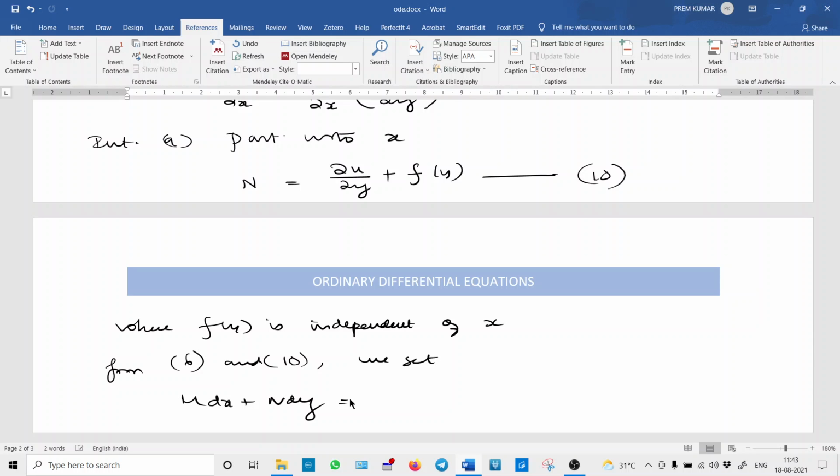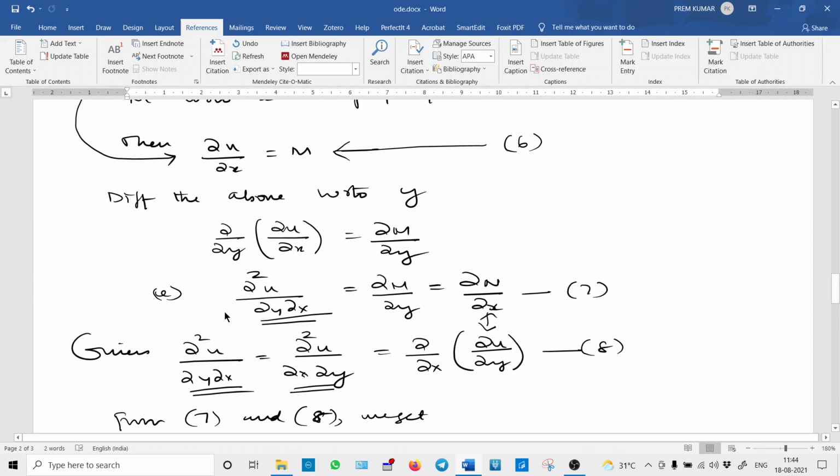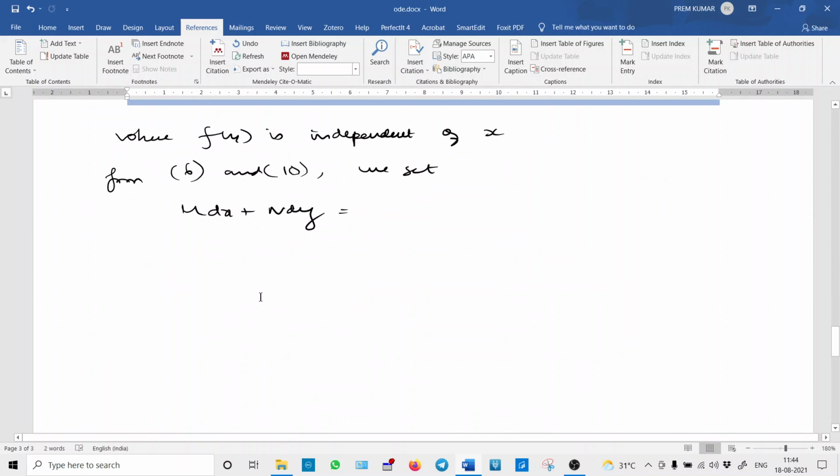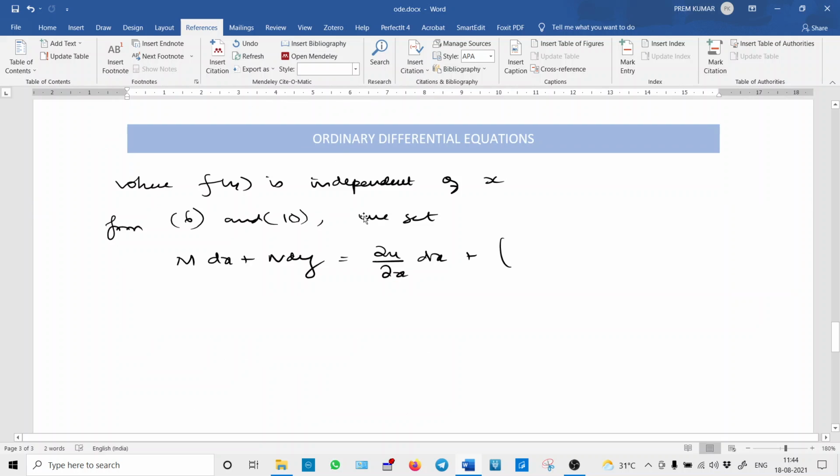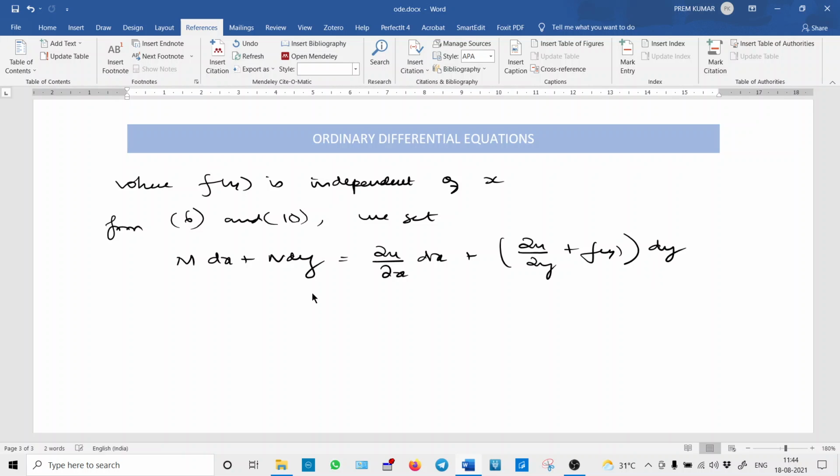What is M? This is 6, ∂u/∂x into dx, plus what is N? Just now we found in the previous step, 10, ∂u/∂y plus f of y, into dy.